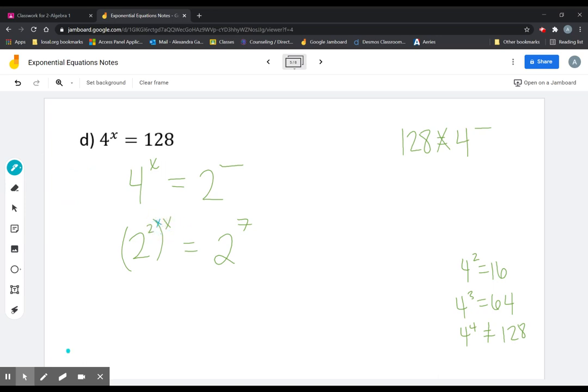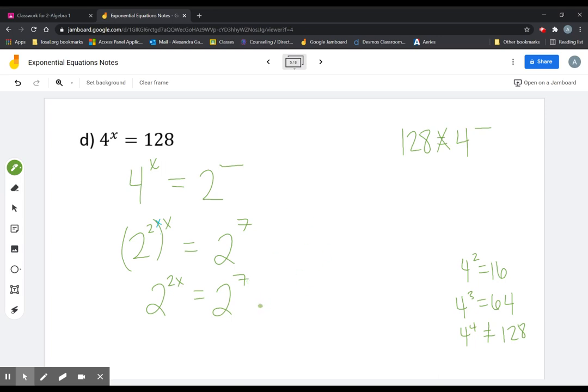These two will be multiplied, and it'll be 2 to the 2x is equal to 2 to the 7th power. So if they don't match up, like 4 can't be multiplied by itself to get to 128, we have to look for a number they can both be written in the form of.